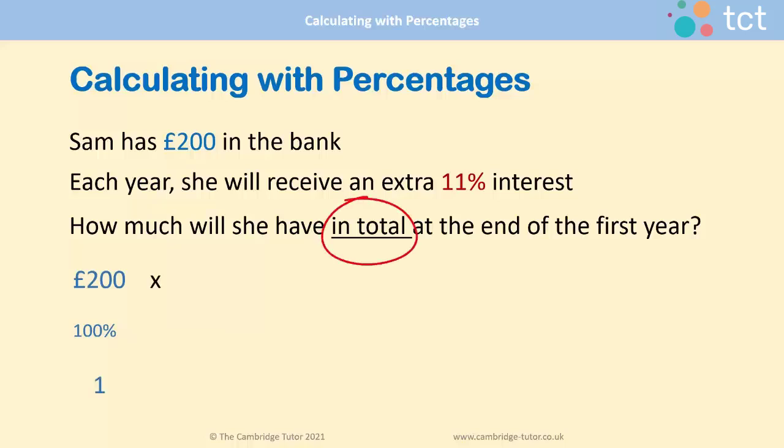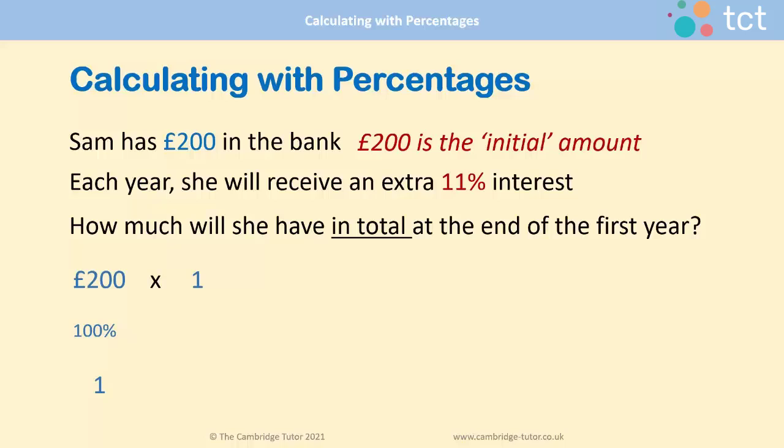Because we're looking at what she's going to have in total and not just the extra percent that she's getting in interest, we include that £200 initial amount in the calculation. So your calculation will be £200 times by 1 and then adding on the extra 11%.